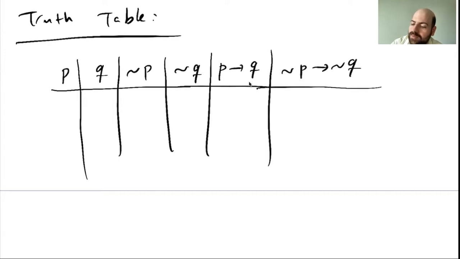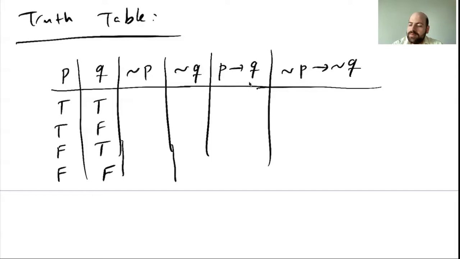So again, the possibilities are the same four possibilities that we had in the previous cases. So both of them could be true, or true and false, or false and true, or false and false. So these are the possibilities. Now, if P and Q are both true, well, let's look at negation P and negation Q. If P is true, negation P will be false.